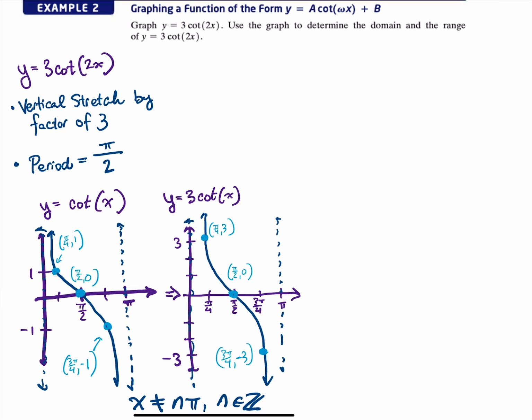So let's consider now the full graph where the period has changed to pi over 2. Let's say y equals 3 times the cotangent of 2x. This will be our full graph. So we can imagine the period being pi over 2.